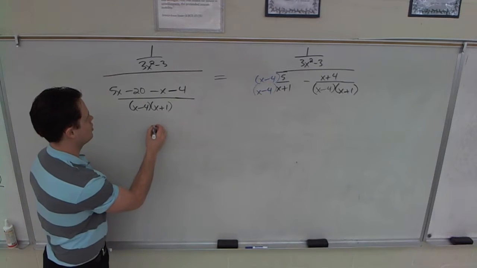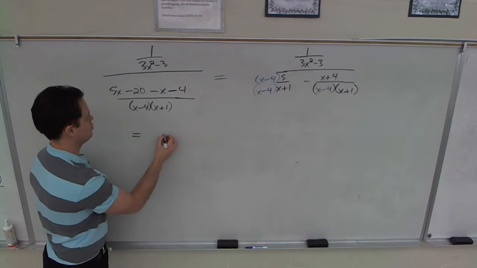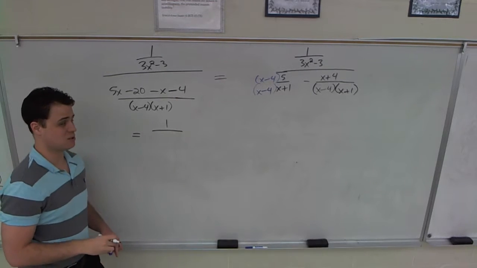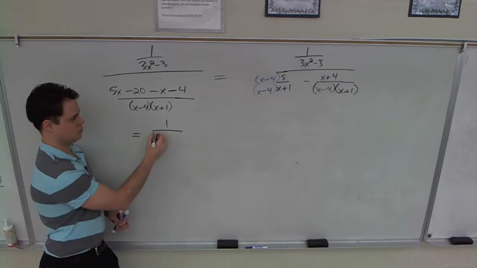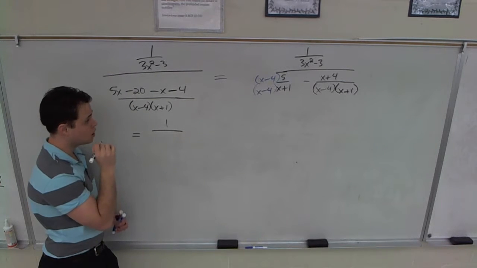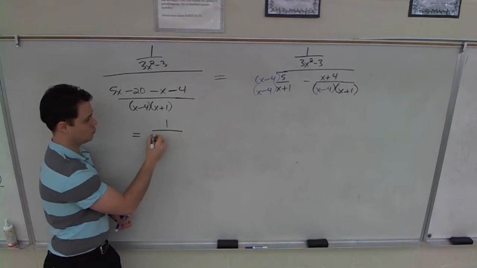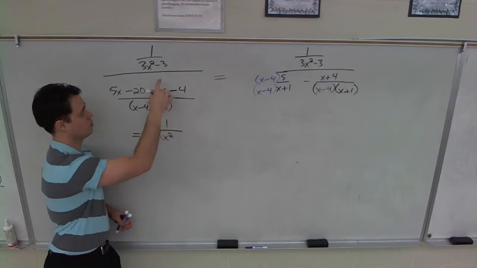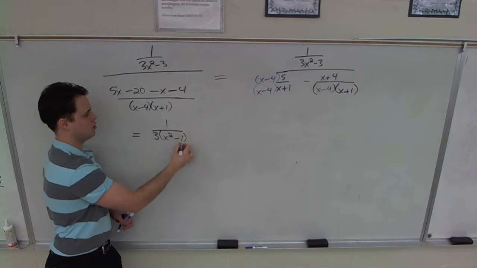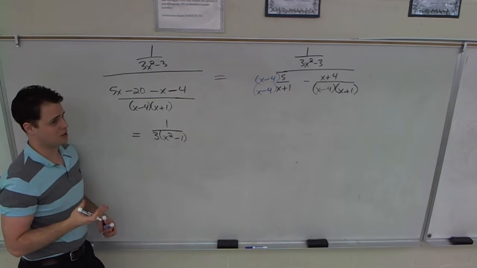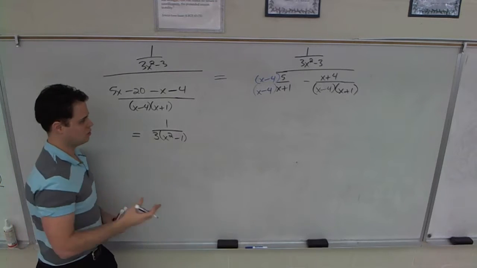Okay, so now I'm going to say this is all equal to the top. Let's just see if we can factor the top while we're at it. I think it factors. What can you do up there? They share 3. And then you'll have x squared minus 1. Oh, x squared minus 1 also factors. That's difference of squares.